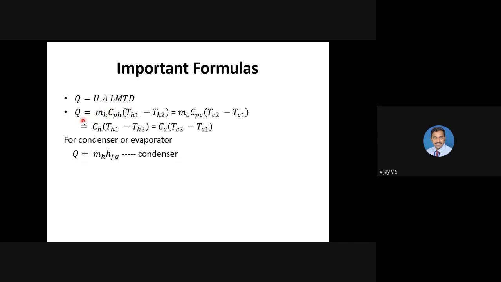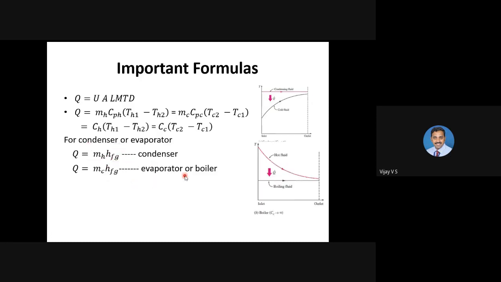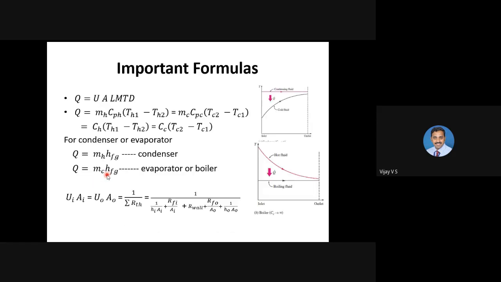This is the equation to find out the heat transfer rate through hot fluid and cold fluid. And if it is a condenser or evaporator, we have this formula mh into hfg. Even for an evaporator or boiler you can use mc into hfg. And finally the overall heat transfer coefficient, this is the equation we got, right? Is it audible? Yes, sir, audible.